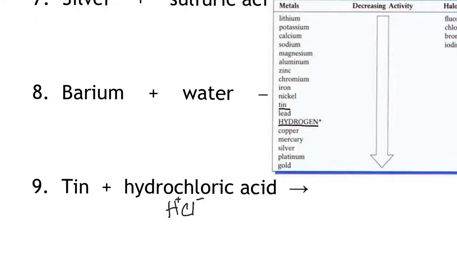So tin is more reactive. So we're going to end up with tin and chlorine plus hydrogen gas. To name these, this would be tin chloride and hydrogen.